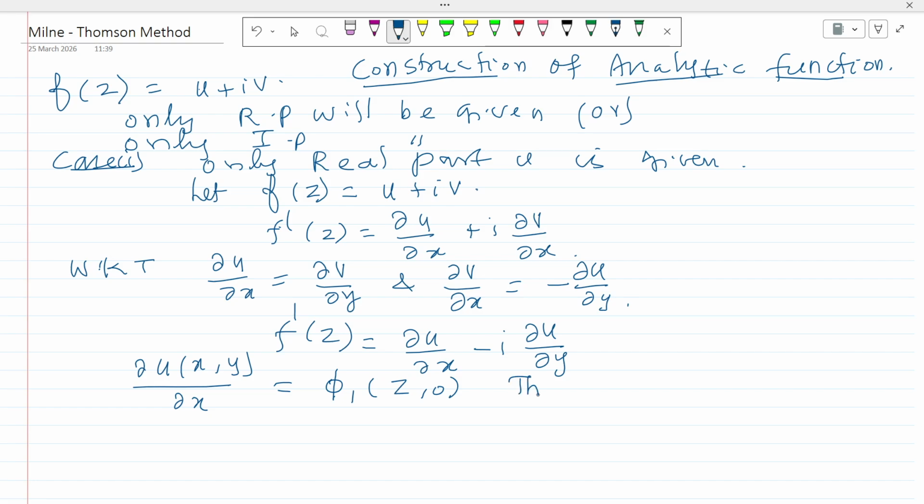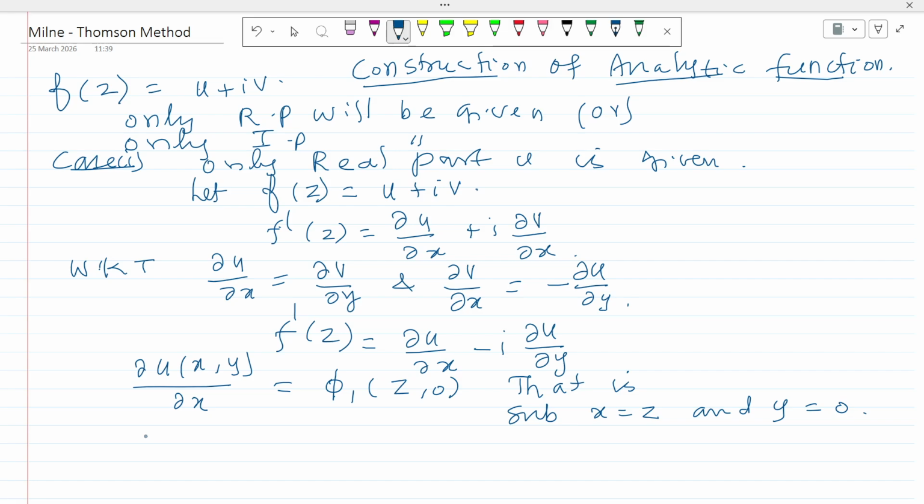That is, substitute x equal to z and y equal to 0 in dou u by dou x.